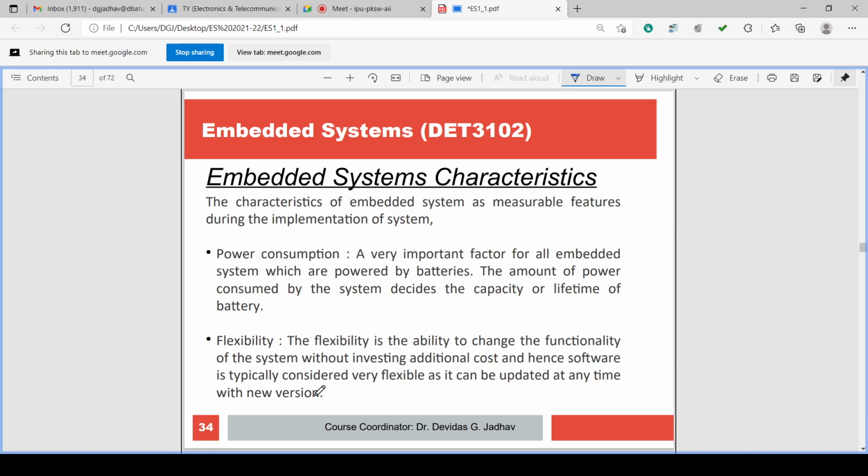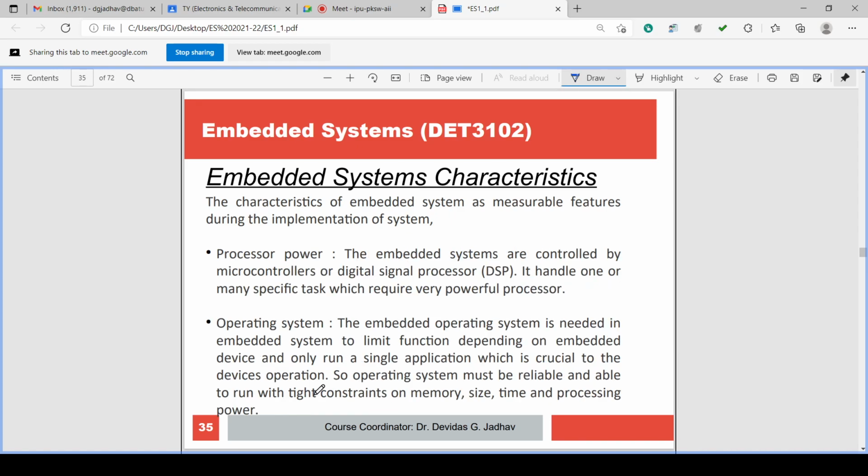Then embedded system characteristics continue. Power consumption is also a very important characteristic, along with flexibility and processing power. The operating system has to take care of constraints on memory, size, time, processing power, etc. Accordingly, the operating system is built and written, considering all these parameters.